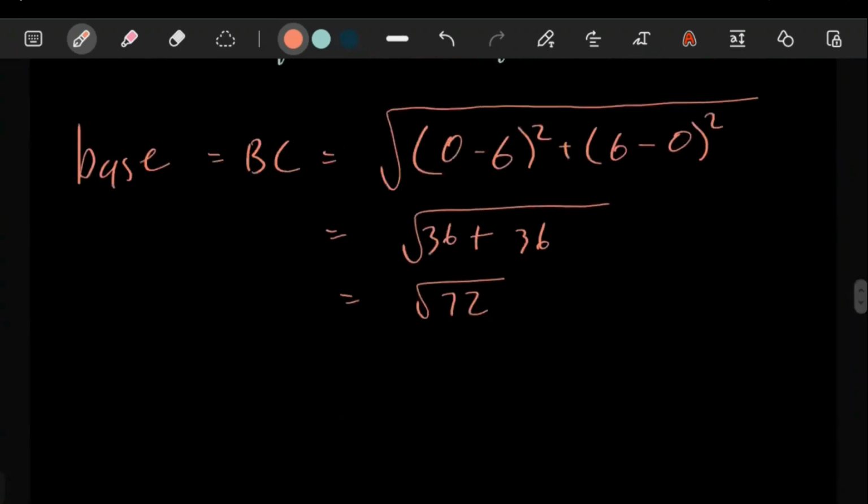So that's 6 square root of 2. So BC is 6 square root of 2.